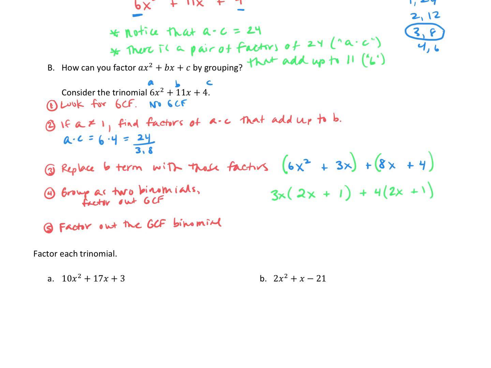So that's what we call a GCF binomial. We're going to factor that out. So I'm going to put the 2x plus 1 out front. And then when you factor a 2x plus 1 out of this little grouping here, you're left with just a 3x. And then when you factor the 2x plus 1 out of this whole thing, you're left with that plus 4. And this is our factored answer. That is factor by grouping.